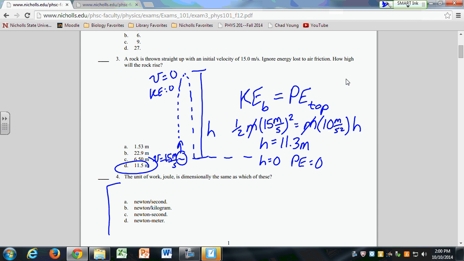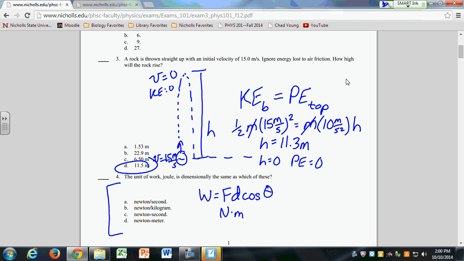What is the unit of work dimensionally of these? Remember, work is force times displacement times the cosine of the angle between them, right? So newtons times meters.